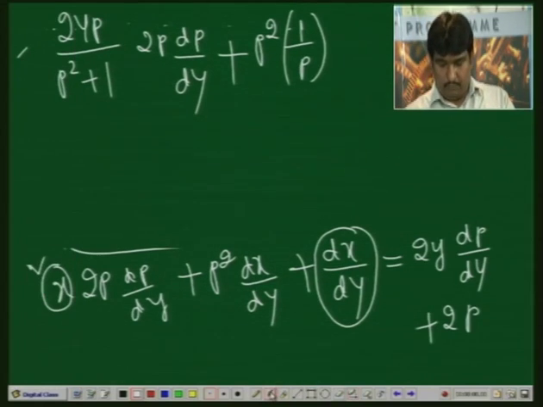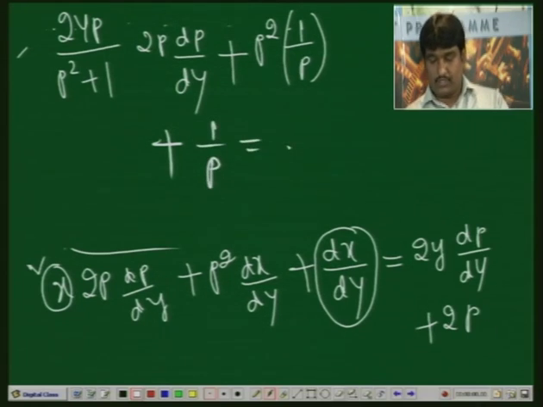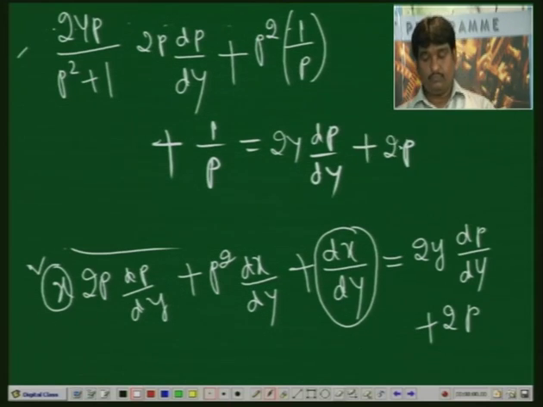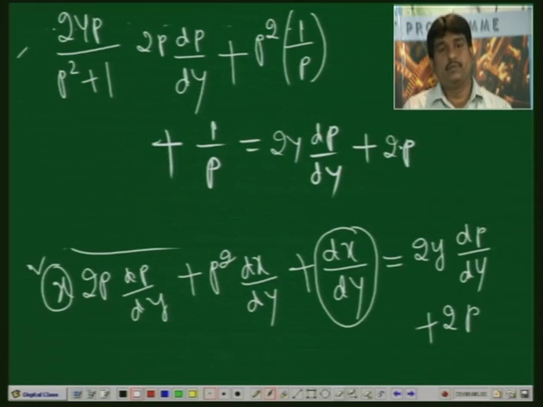Now, plus I have written this term p square into 1 by p. Now, you can write this dx by dy as 1 by p, equals RHS. RHS is 2y into dp by dy plus 2p. Now, simplify this.